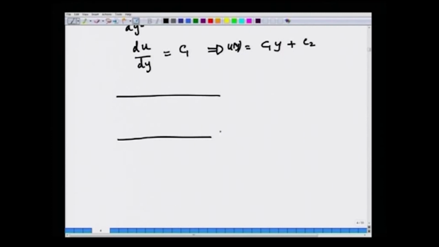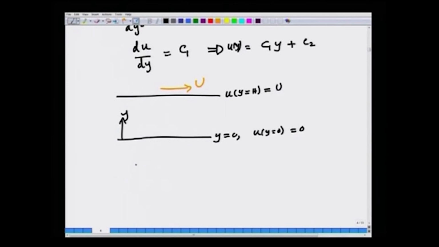Okay. These two constants can be fixed by using the boundary conditions that at y equal to 0, the fluid velocity is 0 because the plate is stationary. This is the no slip condition. At y equals h, the fluid velocity is the top plate velocity, which is moving with a constant velocity capital U. Okay. So, we can use these two conditions. So, at y equal to 0, small u is 0.